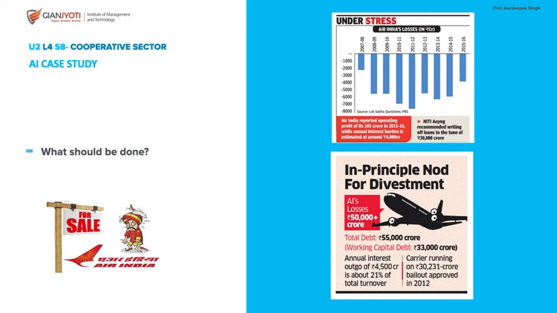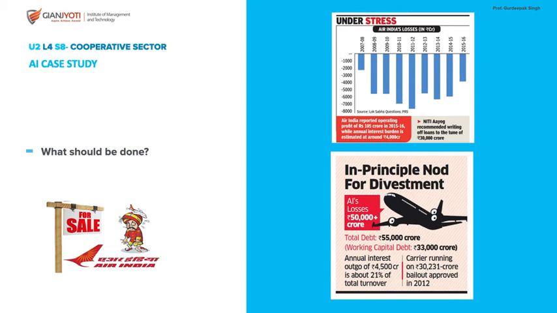So the Air India losses are more than 50,000 crores as on today, and the total debt is 55,000 crores, in which the working capital debt is 33,000. So they can't operate, because the working capital, that is the money to run the company, is what is needed.